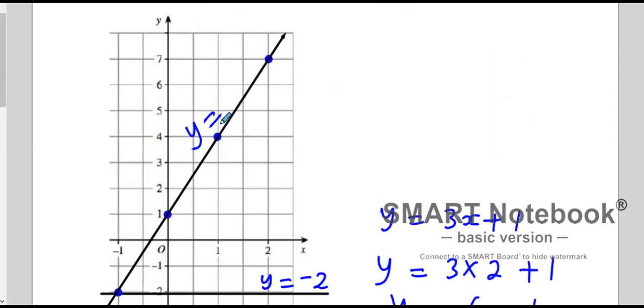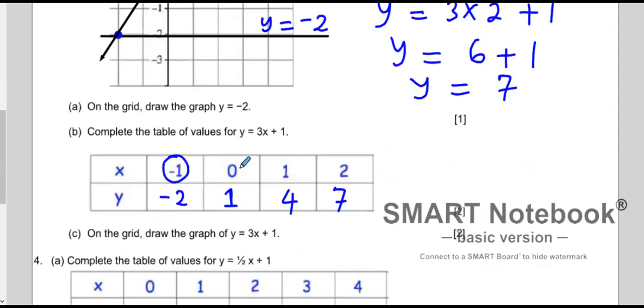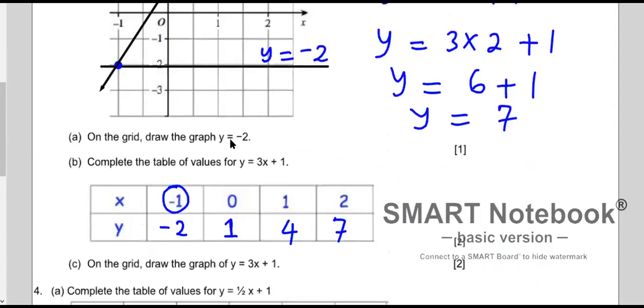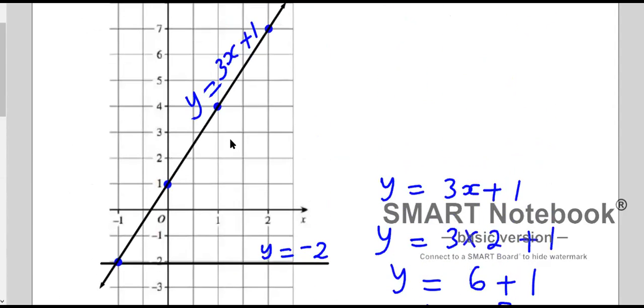So you just label y equals 3x plus 1. See that? All right, so that is done. Then on the grid, draw the graph. That is done. And you can pause the video, draw that line, and that is what you call a graph of y equals 3x plus 1.